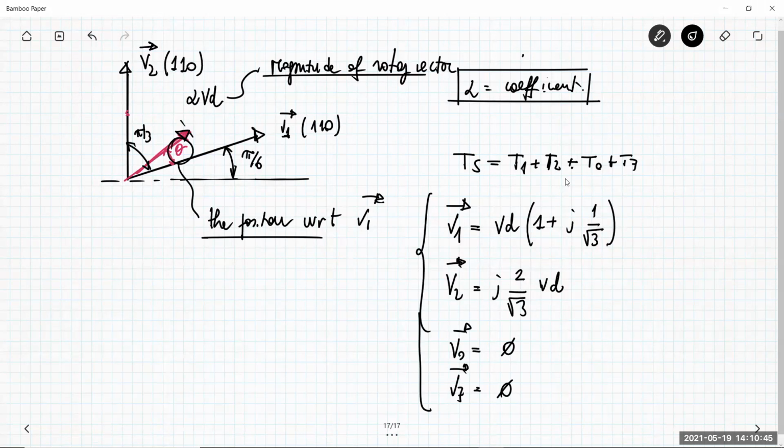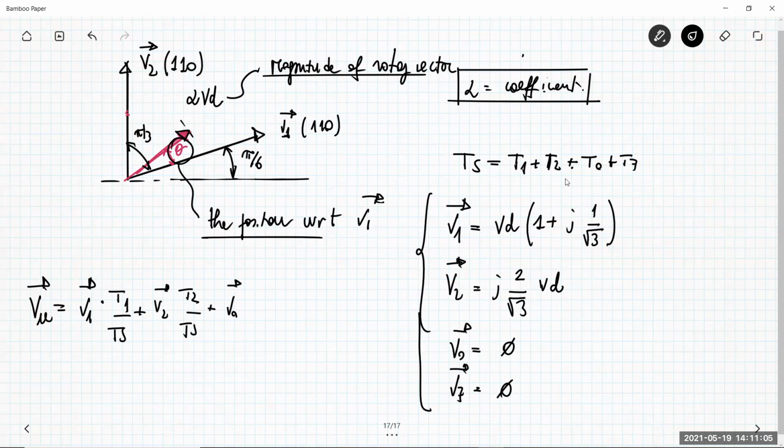So the output rotating vector is the vectorial combination of all these states: V1 T1 over Ts plus V2 T2 over Ts plus V0 T0 over Ts plus V7 T7 over Ts.